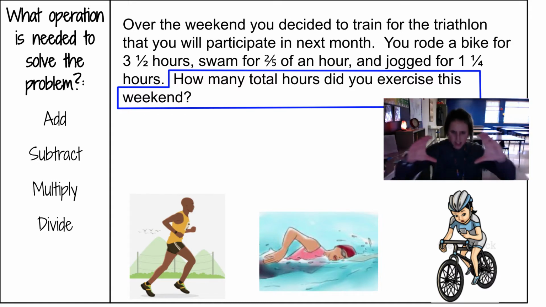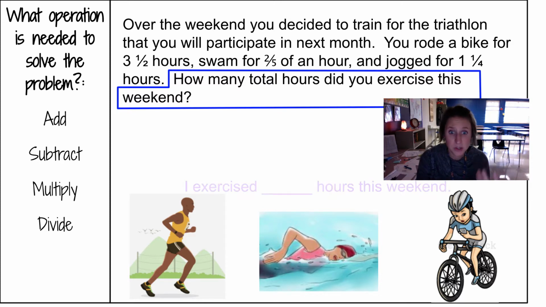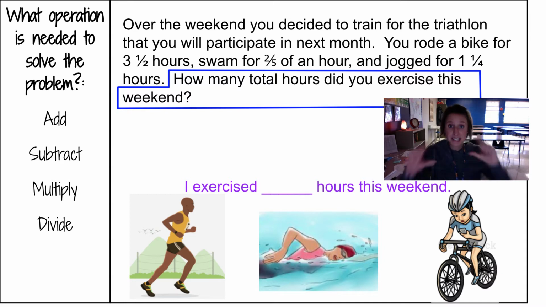So if I take that question and turn it into a sentence and put a blank for what I need to solve for, it kind of helps me out. How many total hours did you exercise this weekend? I would say I exercised blank hours this weekend. That's a strategy that helps me, because now I go, okay, the numbers above have to be labeled hours because that's what I'm figuring out here.